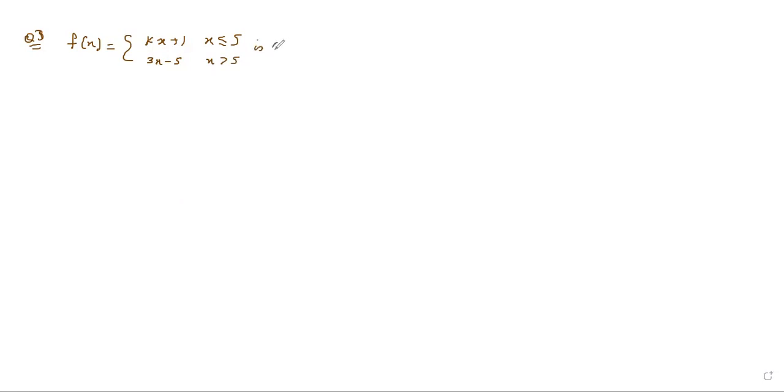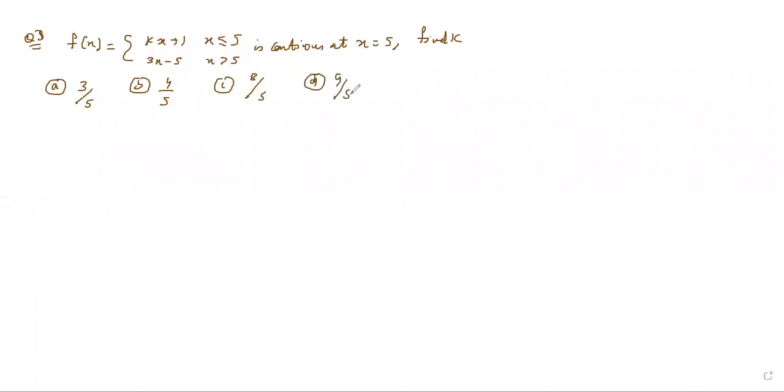The function is continuous at x is equal to 5, find k. Options are 3 by 5, 4 by 5, 8 by 5, 9 by 5. Quickly.